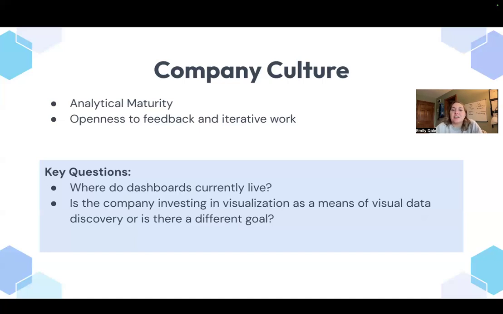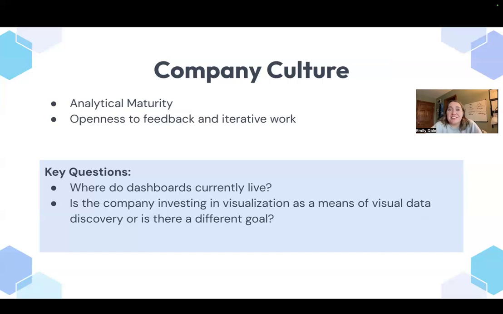And the other key question here is: is the company investing in visualization as a means of visual data discovery, or is there a different goal here?